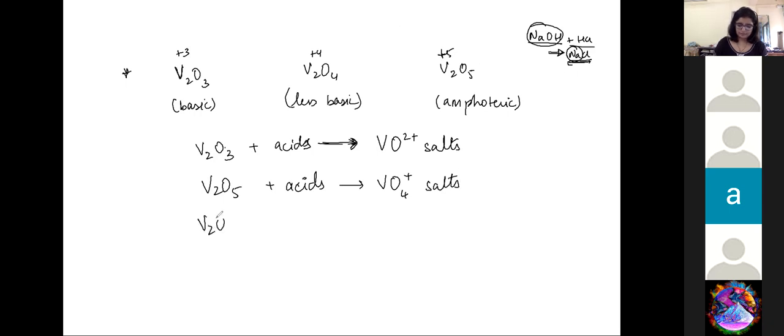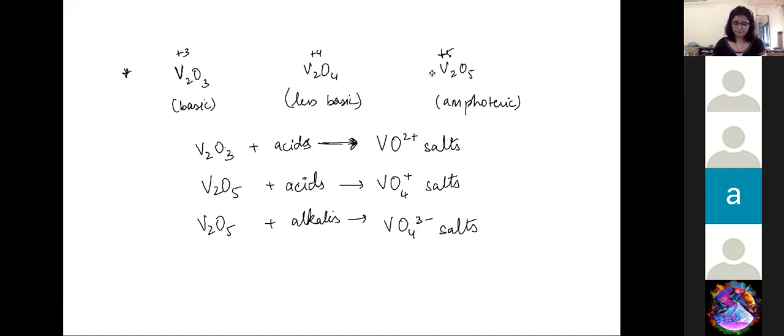And when V2O5 reacts with alkalis, V2O5 is acting as an acid because it's reacting with a base. So in this case, you're going to get an oxoanion. So you get VO4 3 minus salts. So these are the main skeleton equations.